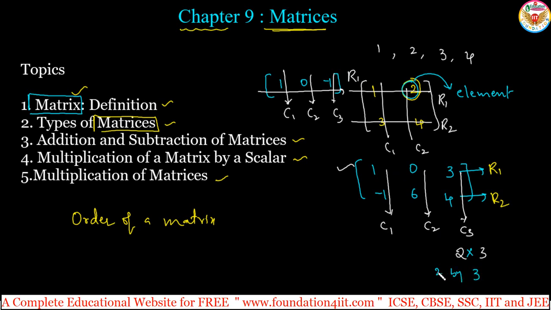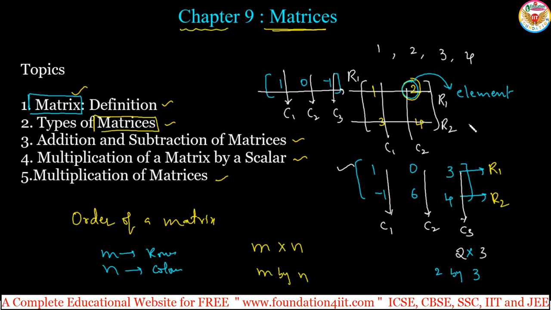If any matrix has m rows and n columns, we write it as m cross n, but we read it as m by n. That means m rows and n columns.